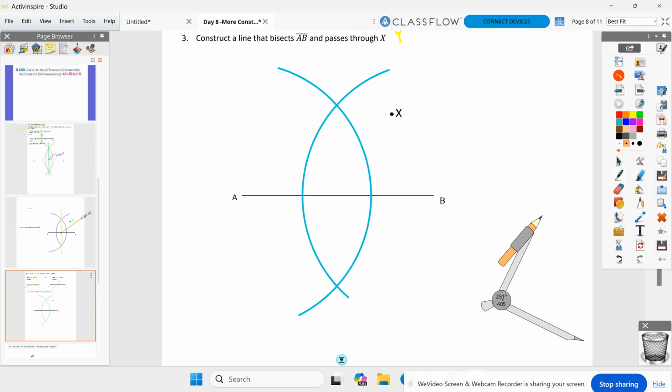The only thing you need this construction for is to find the midpoint of AB. If you want to draw the line in, you can, but just realize that is not our final answer. And it gets a little messy for me anyway. So I'm just going to line up my straight edge, mark the midpoint of AB, and then line up my straight edge with X and the midpoint.